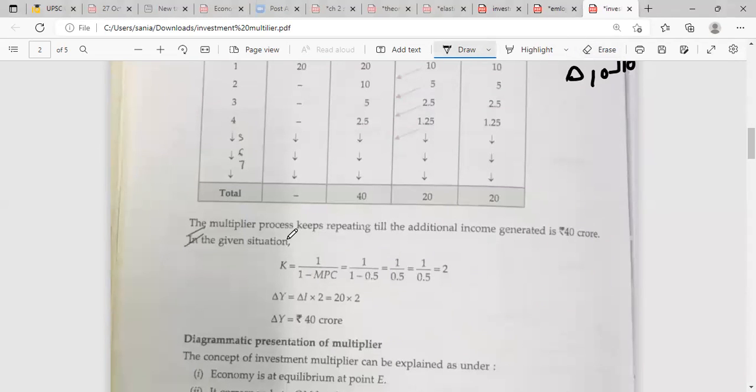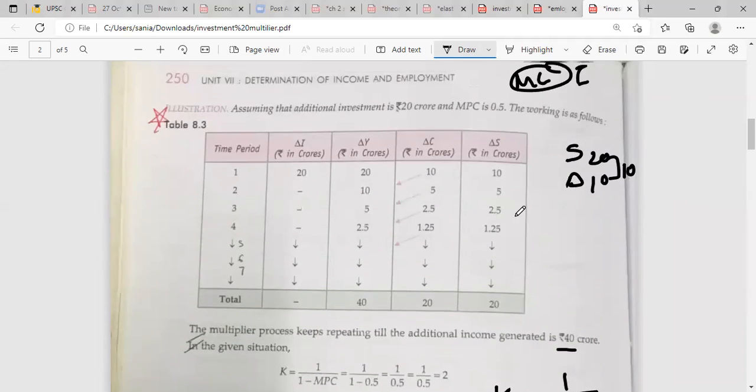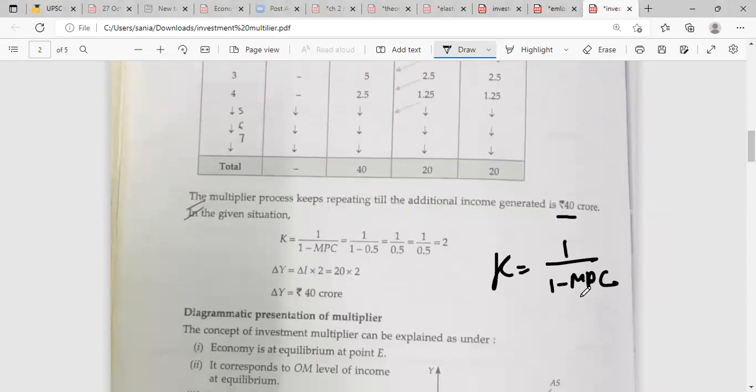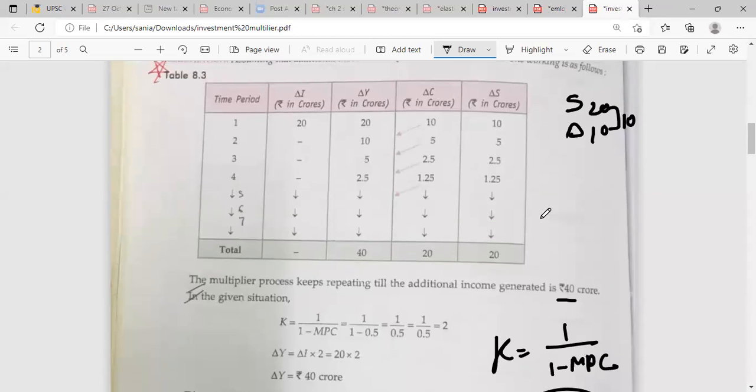After this, see, the multiplier process keeps repeating till the additional income generated is rupees 40 crore. In total we have to find it. K is your multiplier, and the formula is 1 upon 1 minus MPC. What is the formula for MPC?